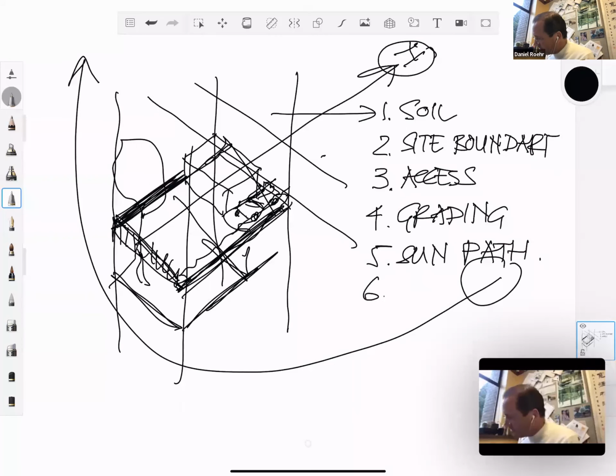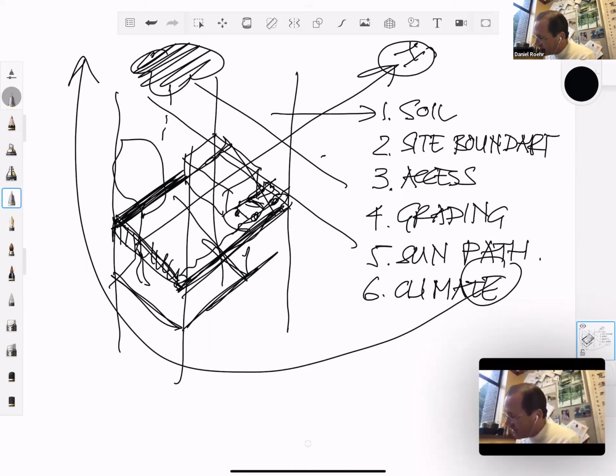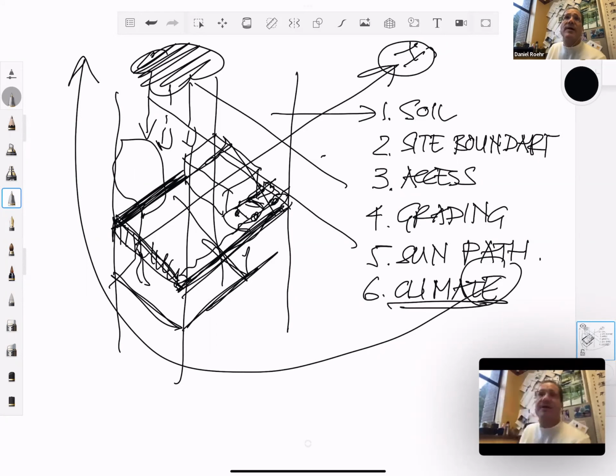And then also the climate. By that I mean particularly precipitation. So I just draw the cloud as a memory. I can look that up in Canada. You can go anywhere in Canada online and look it up.